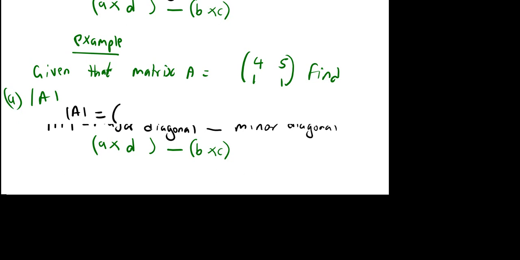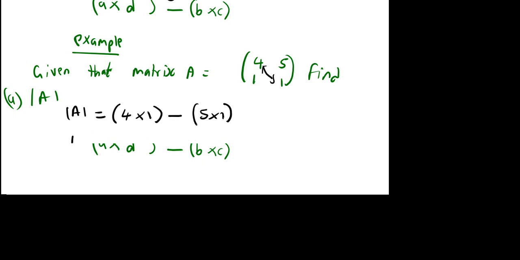What is your major diagonal? Your major diagonal is 4 multiplied by 1. Then minus, remember we said major minus minor diagonal. The things in the minor diagonal are 5 multiplied by 1, close. So in short, you're multiplying what's in the major, then from the answer you get, you subtract what's in the minor.